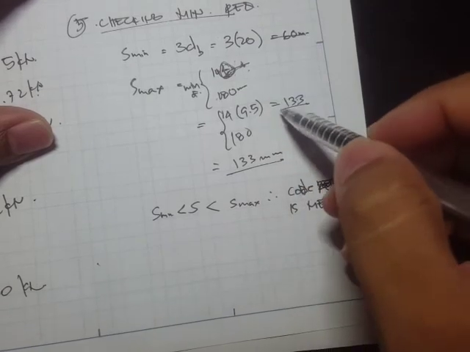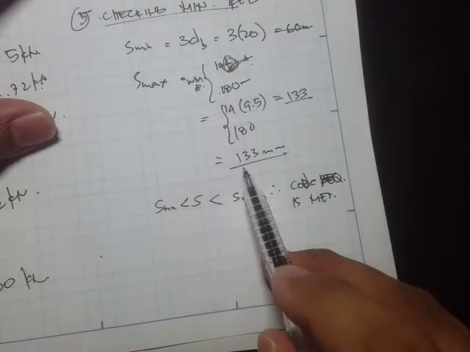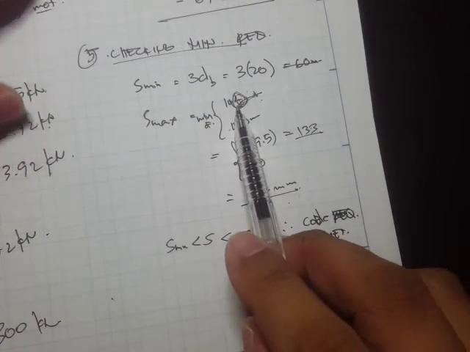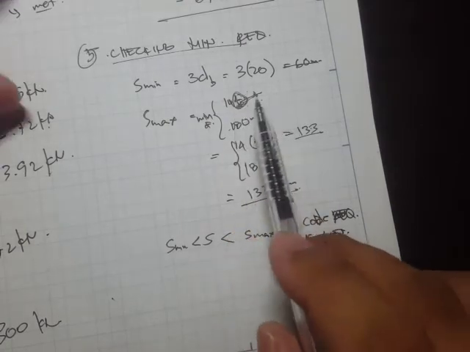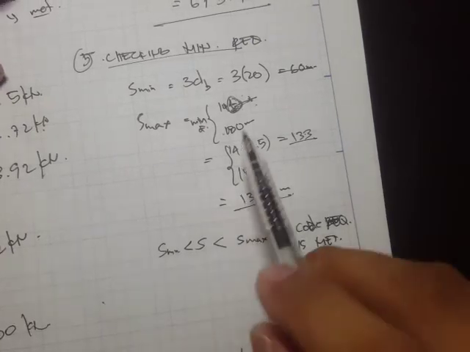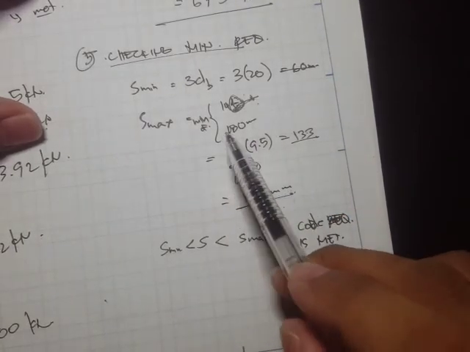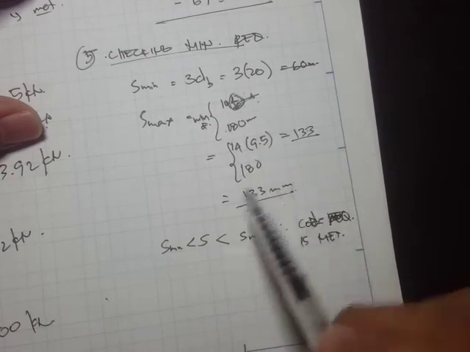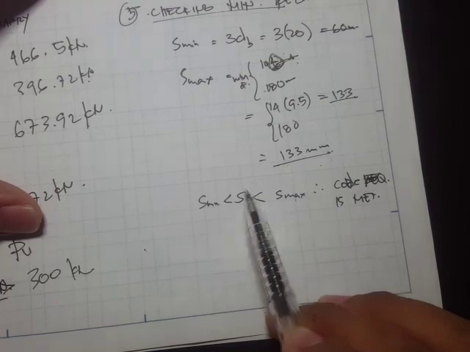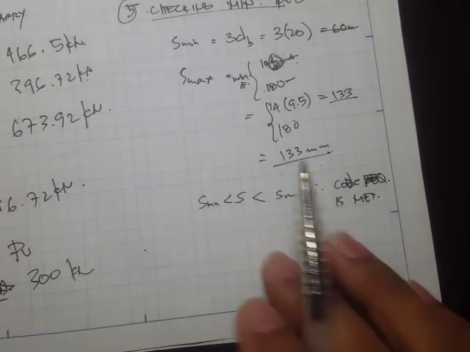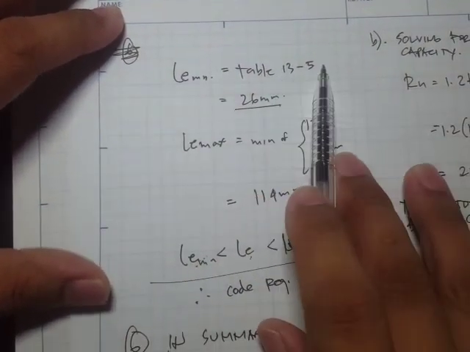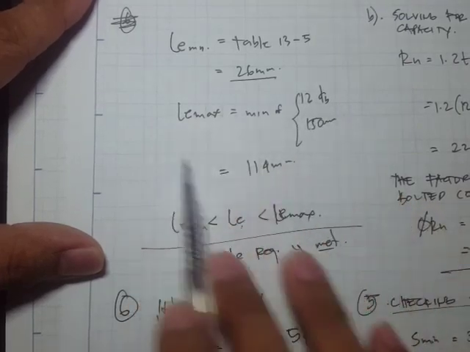Okay, so we solve that, and we obtain 133 millimeters. Now notice, if you include the thickness of both the plates and the bar, then you'll actually obtain a larger value here, and probably what's governing is this 180. Okay, but still our spacing is within the minimum and the maximum range, and therefore the code requirement is met. Then we solve this edge distance, so use the tables, and then we solve the maximum, we compare.